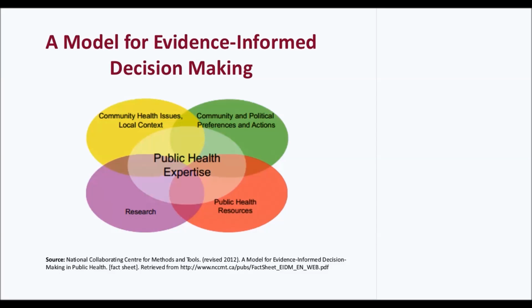And in terms of thinking about how you might then be applying this evidence to practice, for your own areas, whether that's a community level or regional or municipal health areas, or provincially or even nationally, you would think about what the community health issues and the context are, particularly knowing data like who is currently in poor housing and has a chronic condition, for example, if one were thinking about focusing on interventions for that group.